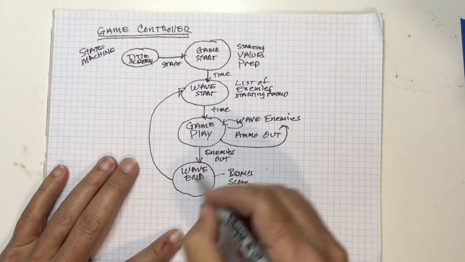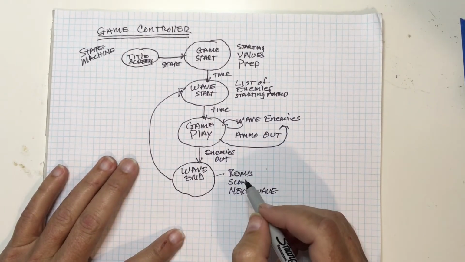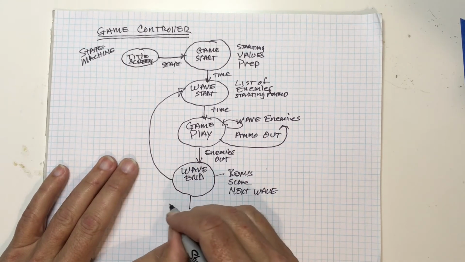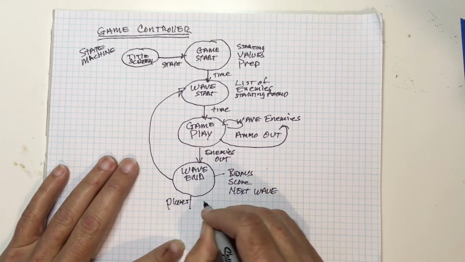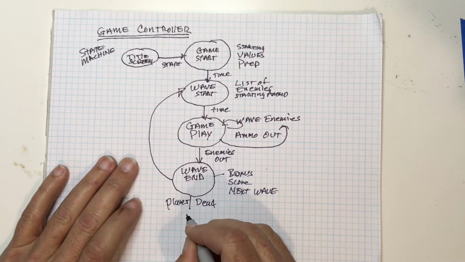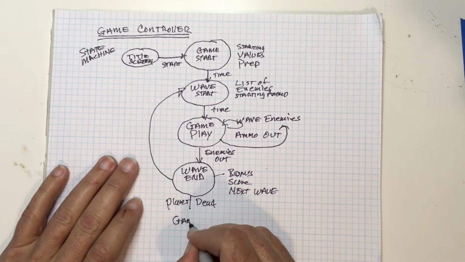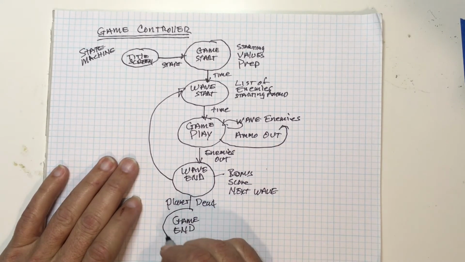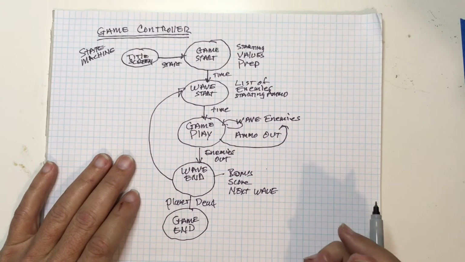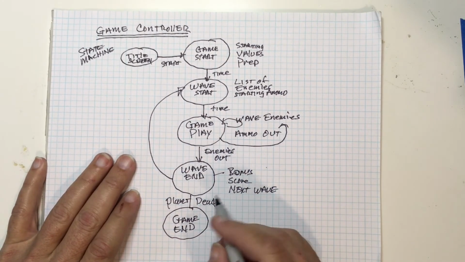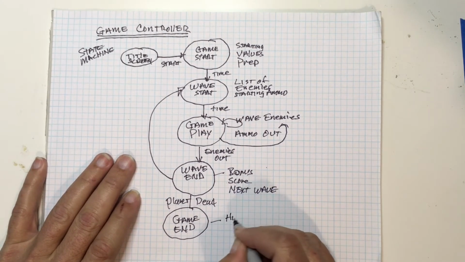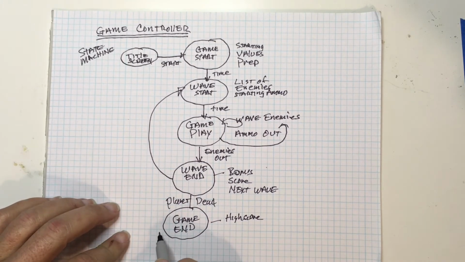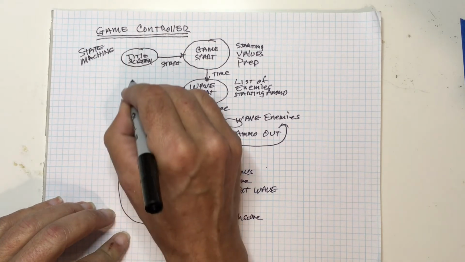All right, and so it repeats this cycle. The other thing that can happen is if our planet is dead, then the game is over. Game end. At this point, it will do the final tally and check to see if we have a high score or not. And then after the game end, it goes back to the title screen.